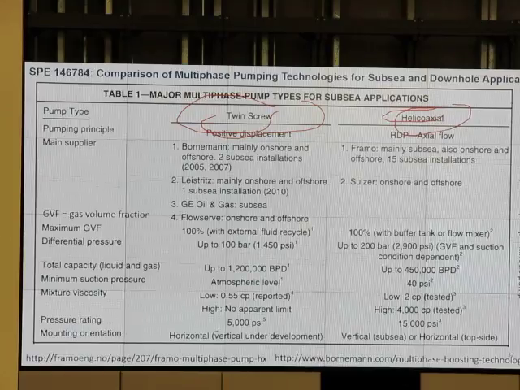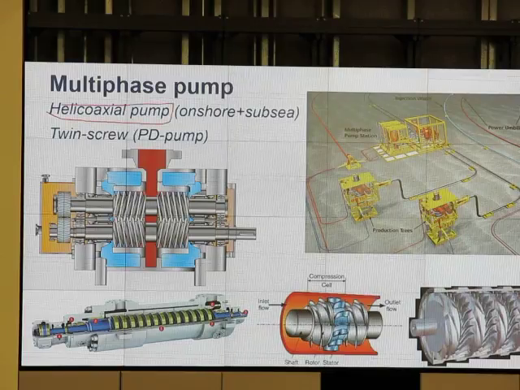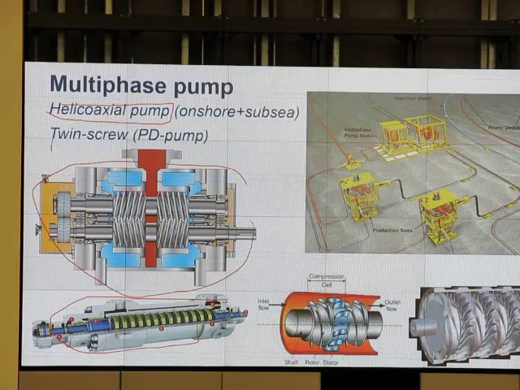When you Google it, the website is given, then you can see the picture. Multiphase, helicoaxial pump, and twin screw. So it can be either this or that. And we have a multiphase pump station. We put it on subsea, on the sea floor itself.